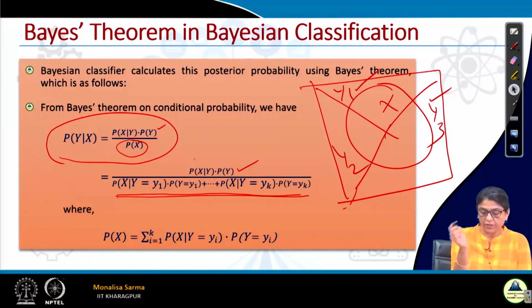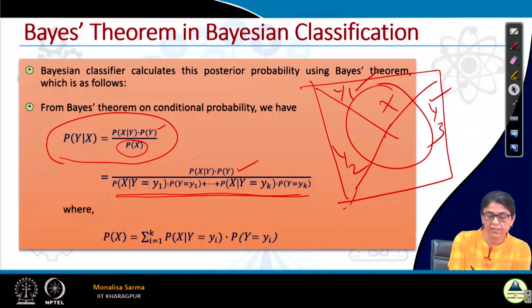Now you just tell me one thing. For the probability of y given x, we can find it for any of the classes: the probability of y1 given a set of attributes, the probability of y2 given a set of attributes, the probability of y3 given a set of attributes x.